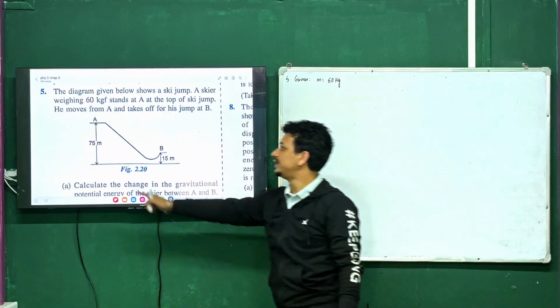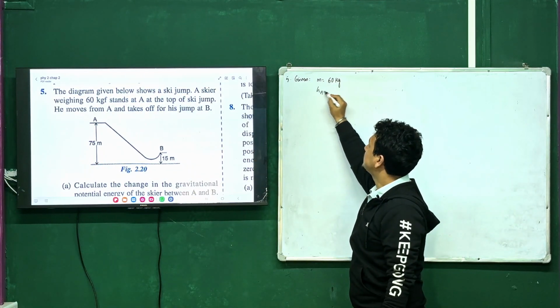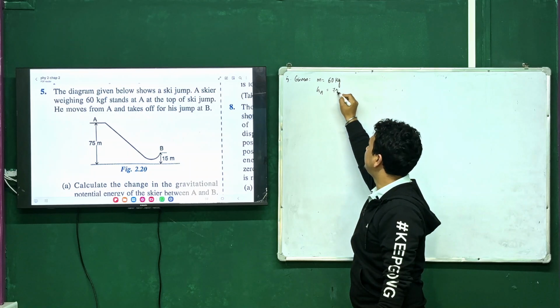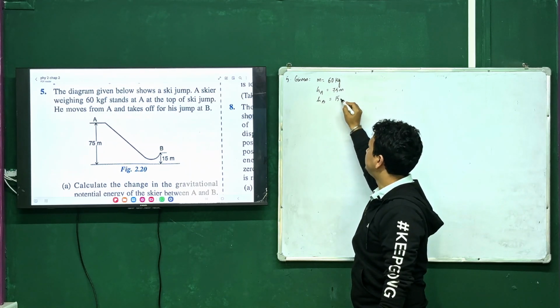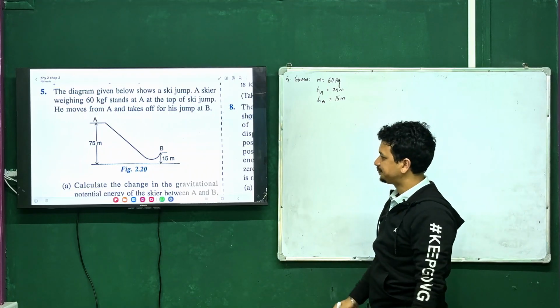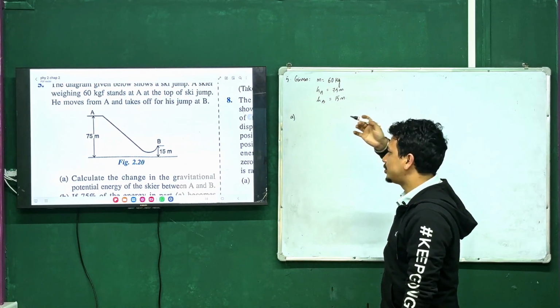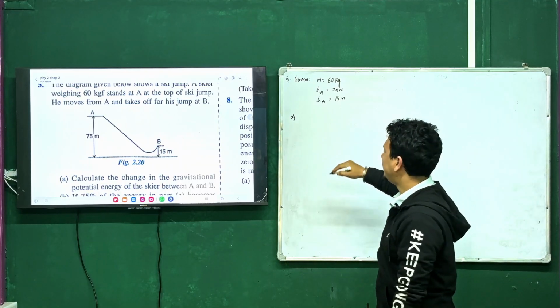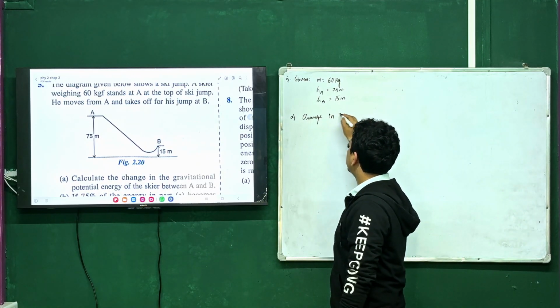Then we can take these heights also as HA and HB. So height at point A is 75 meter and height at point B is 15 meter. Calculate the change in gravitational potential energy of the sphere between A and B. So change in potential energy.